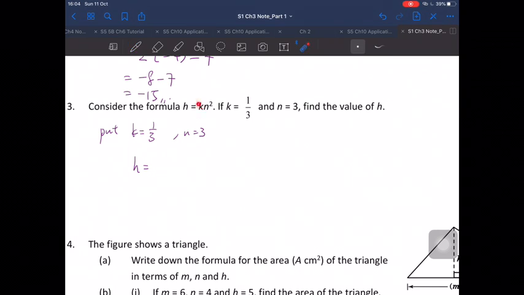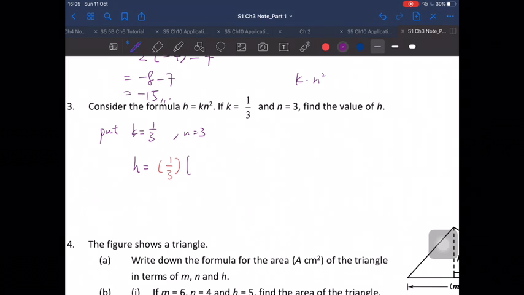K now is equal to 1 over 3. You will find that the relationship in kn squared is k times n squared, right? So therefore, use brackets 1 over 3 and then the other bracket, times, or you just write the bracket next to it, that means times, right? Then n squared.